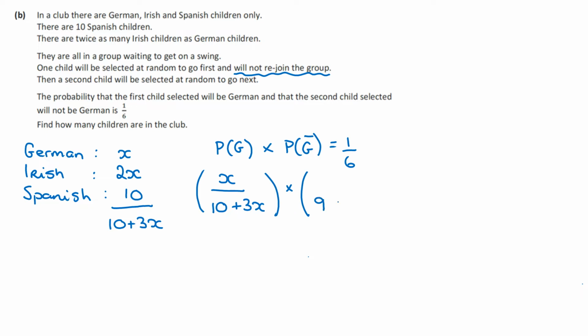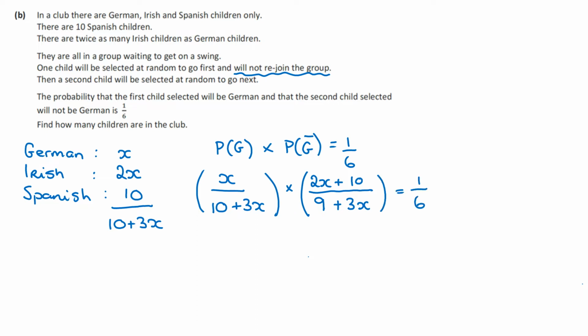So now we have 9 plus 3x. That child was German, so that's not affecting our top line because not German means it could be Irish or, and or means plus, Spanish, and that equals a sixth.